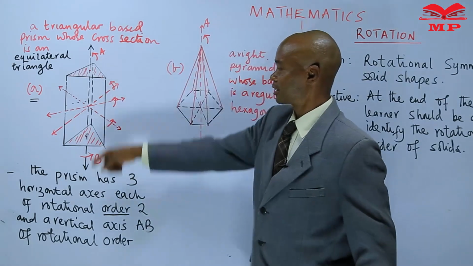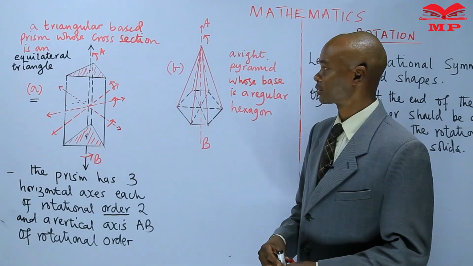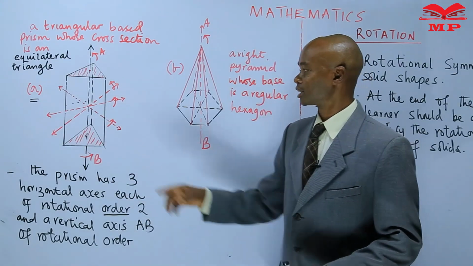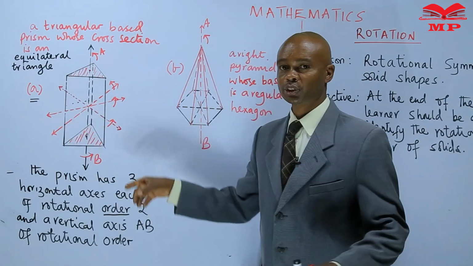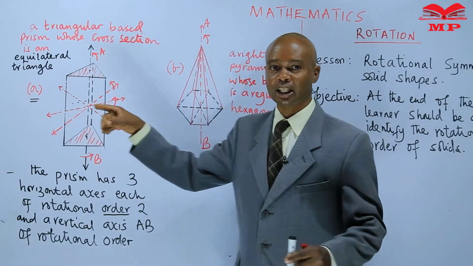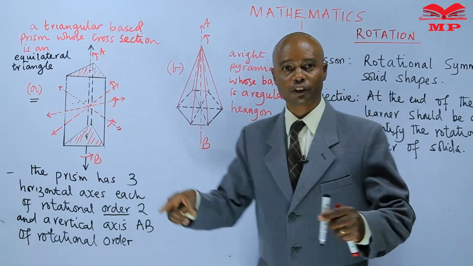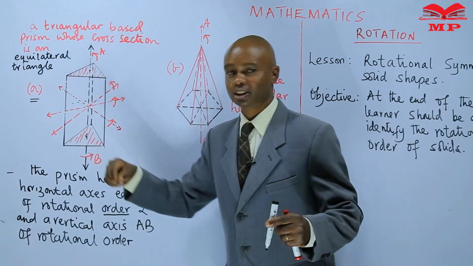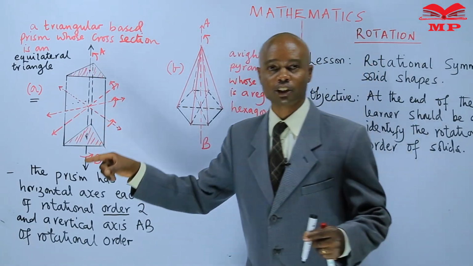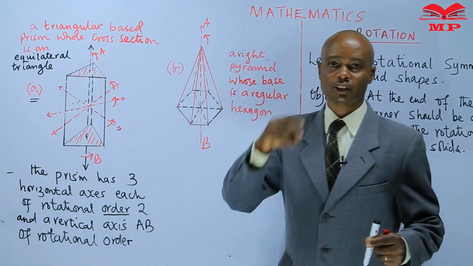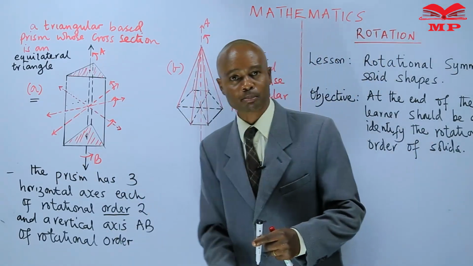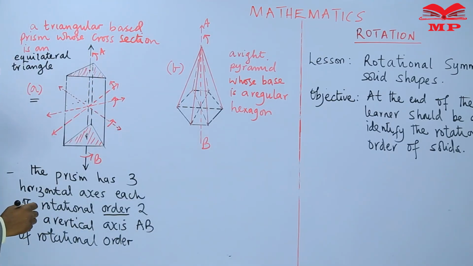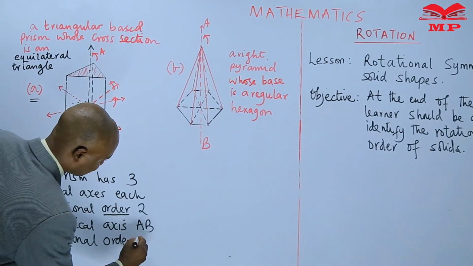It is that axis. When we have a rotation along that, it will mean this prism will map onto itself 3 times before it completes the 360 degrees. After 120 degrees, you'll find it maps onto itself. 240 degrees maps onto itself. 360 degrees, the final mapping. So it has a vertical axis AB of order 3.